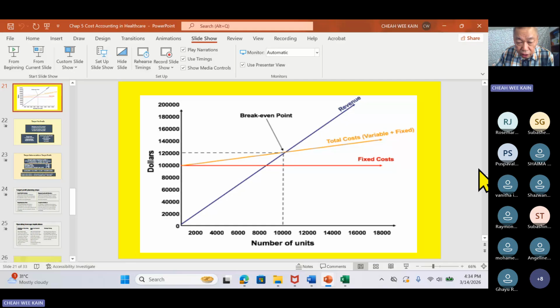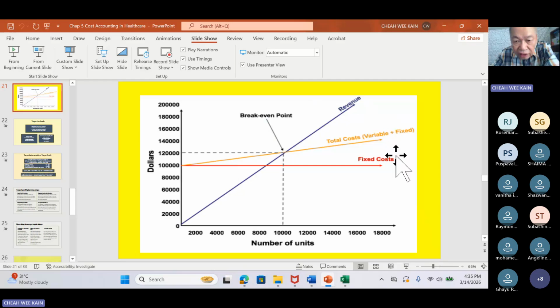Not ST, SG? Why does this one not work? What's wrong with this one? You don't know? Okay, another person try. ST? Sorry, sir. I don't understand.